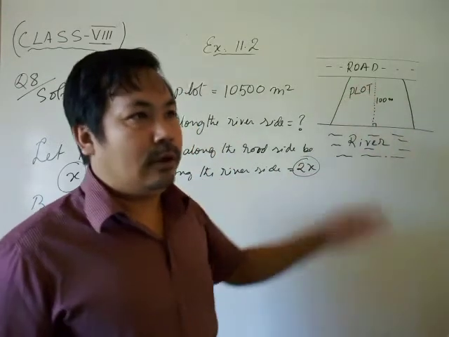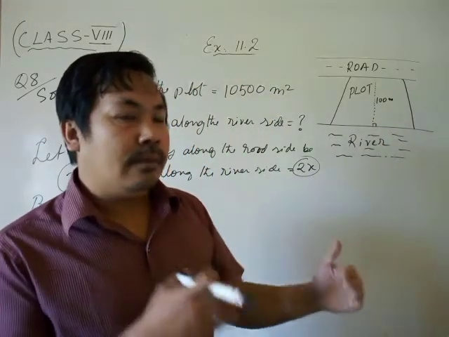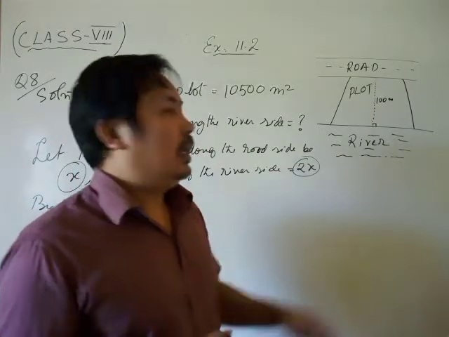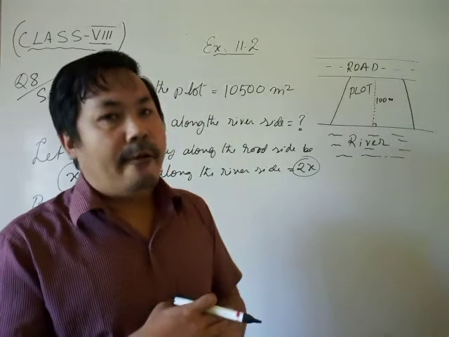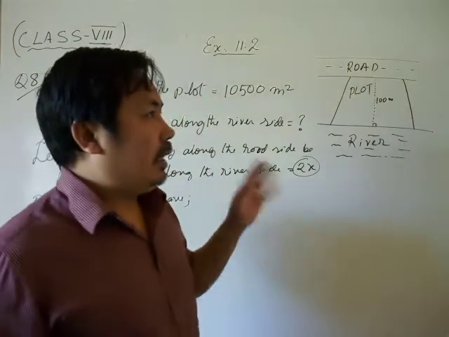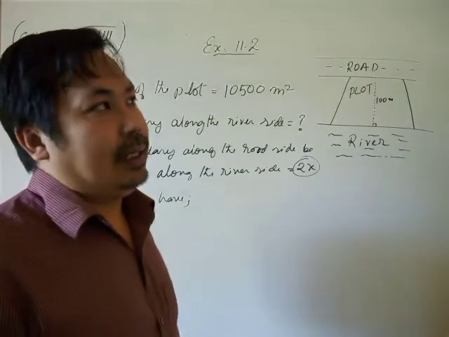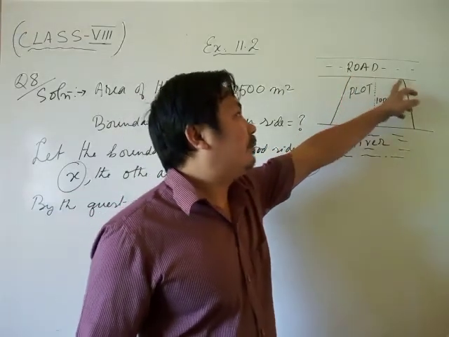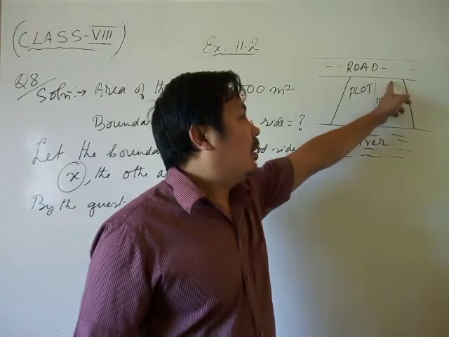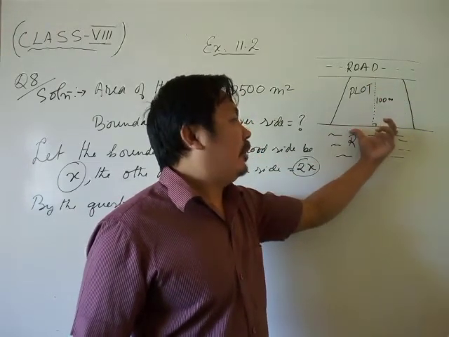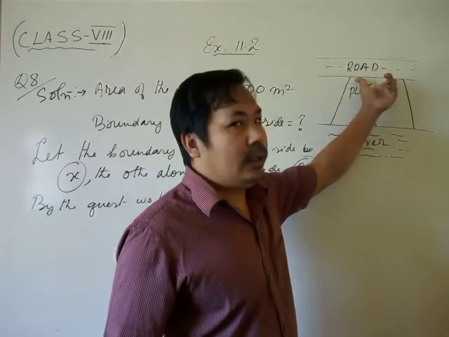So we have to find out the length of the border along the river side. The question gives a condition: the border along the river is twice the length of the border along the road side.